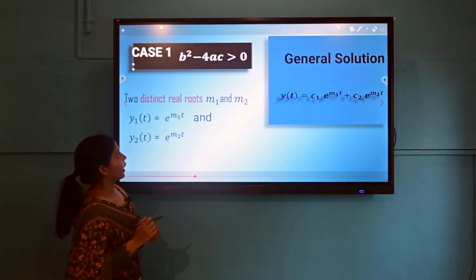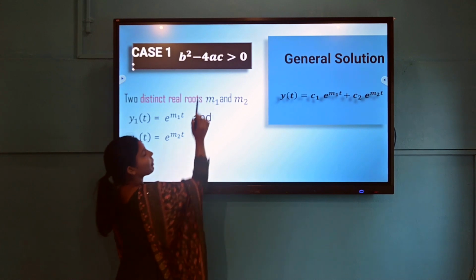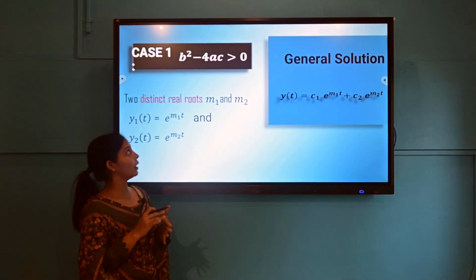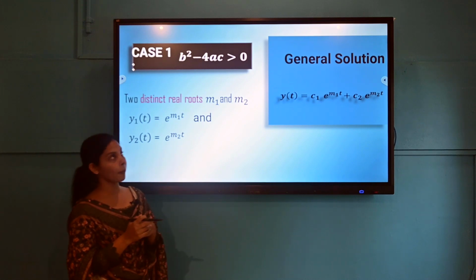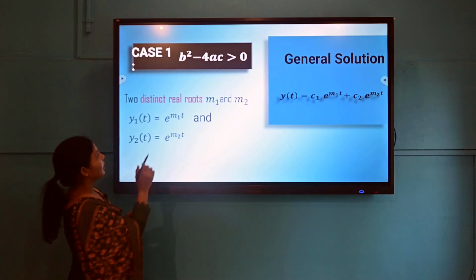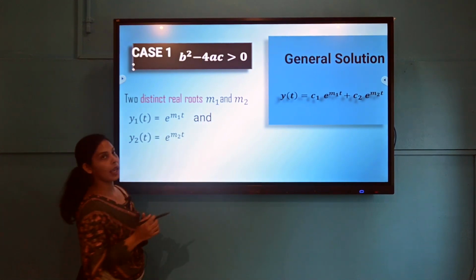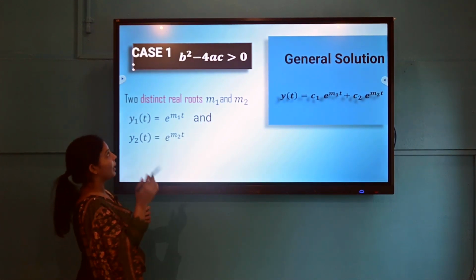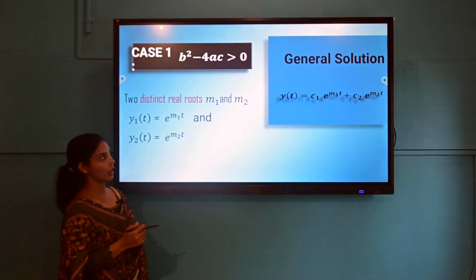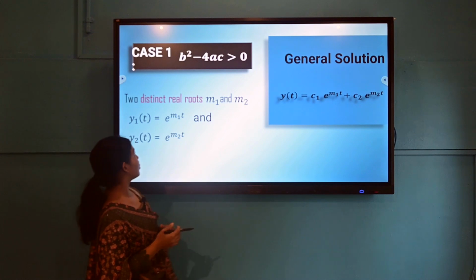Case 1 is, suppose b square minus 4ac is greater than 0. That is, the term inside the root is greater than 0. When b square minus 4ac is greater than 0, we will get two distinct real roots, say m1 and m2.